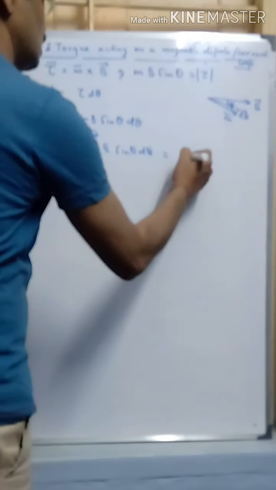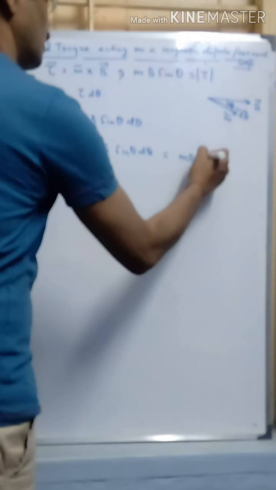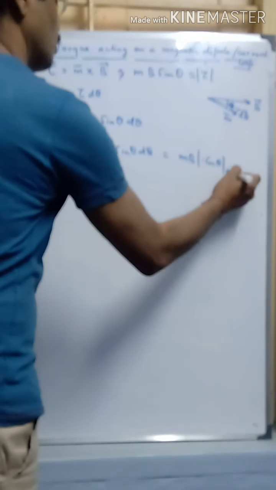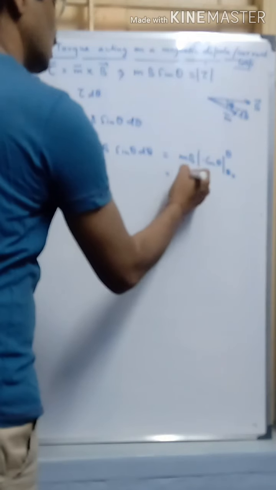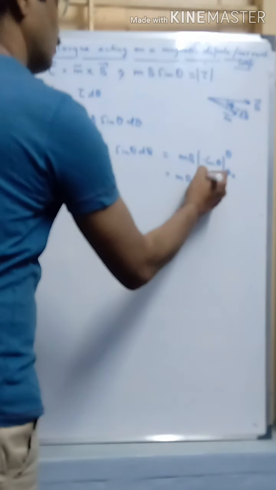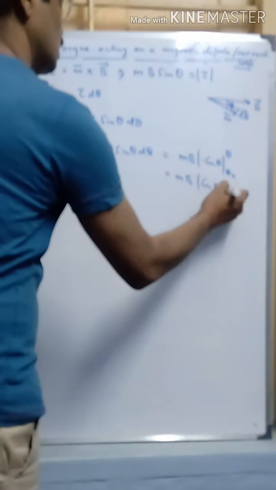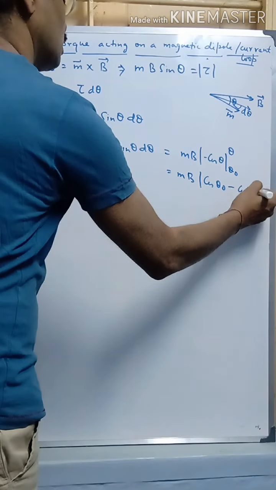So you can integrate that: MB of minus cos theta from theta 0 to theta, which makes it MB of (cos theta 0 minus cos theta).